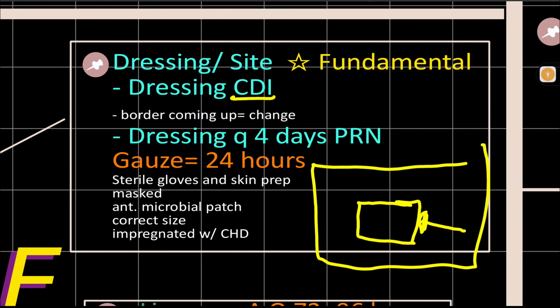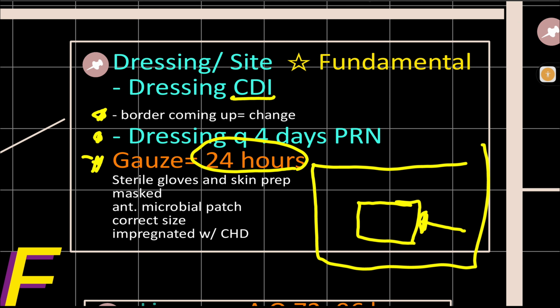Now, if the dressing border is coming up or coming out, you have to change it right away. It depends on your SOP, but dressing is normally changed every 4 days or as needed. Remember, if you're using gauze, you have to change it every 24 hours because it is prone to bacterial growth.